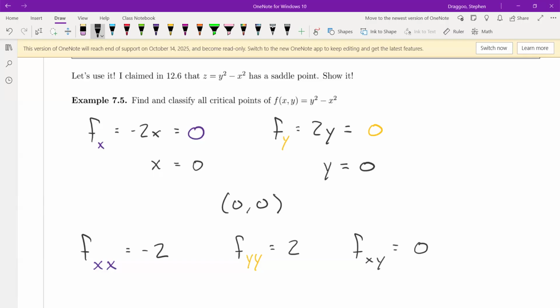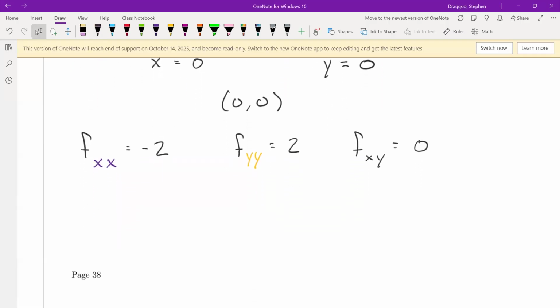But I digress. I should go calculate the second derivative test value, which is fxx times fyy minus fxy squared.